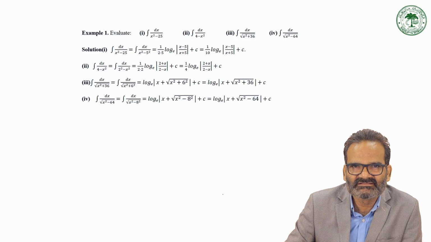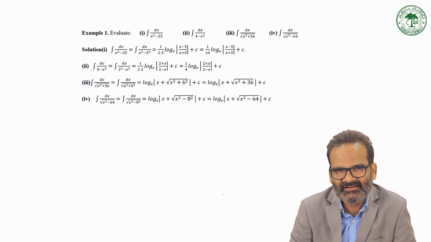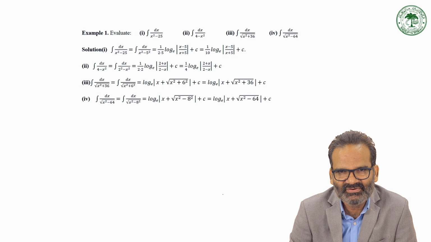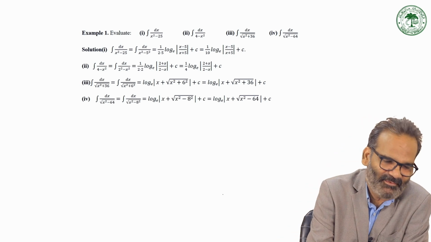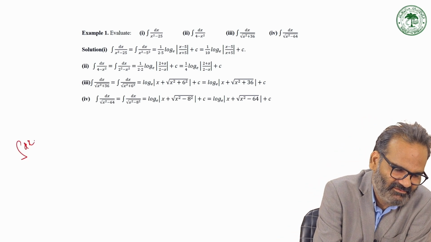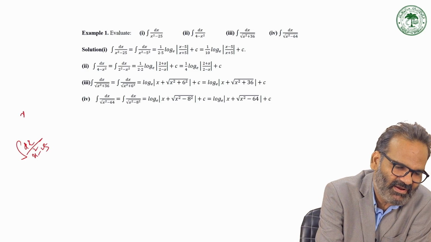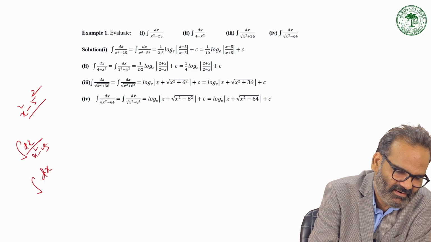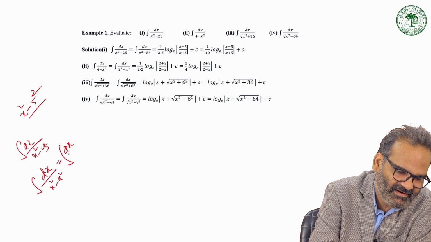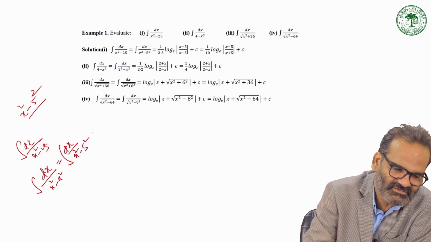Say, evaluate this: ∫dx/(x² − 25). See, we will use a very simple case. x² − 25 means 5². So what is the formula? This is the formula of x² − a². That is dx divided by x² − 5².